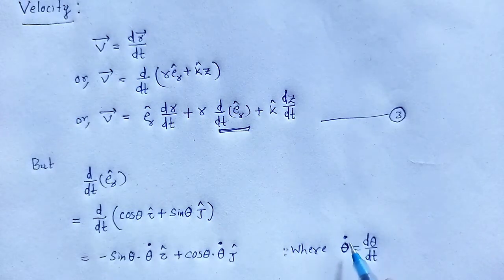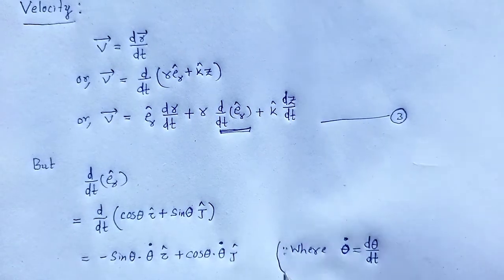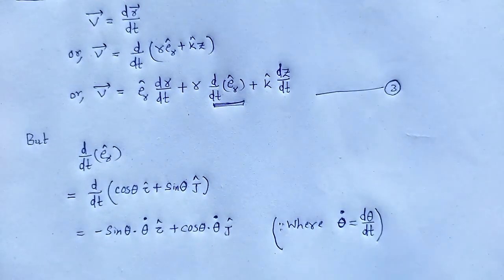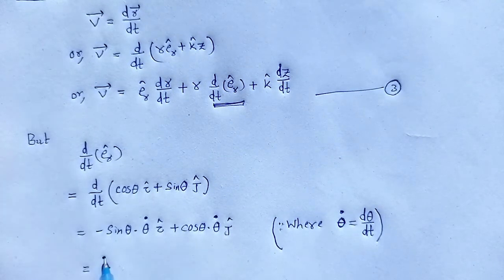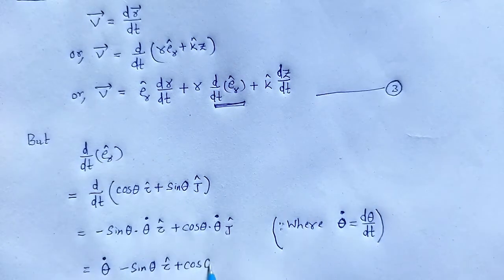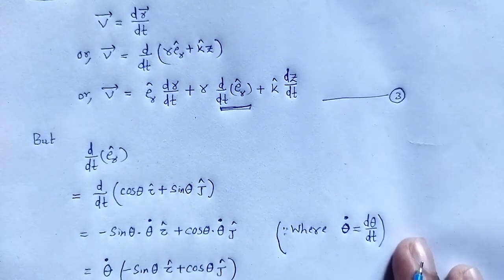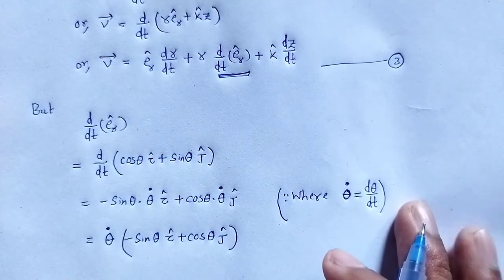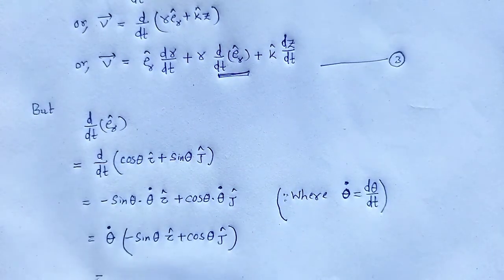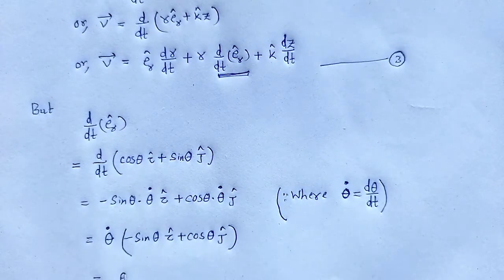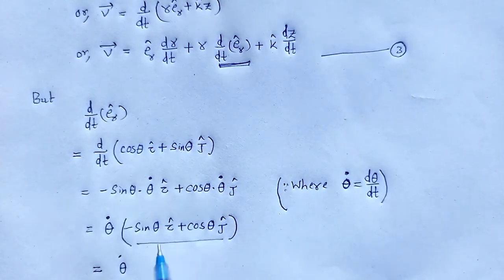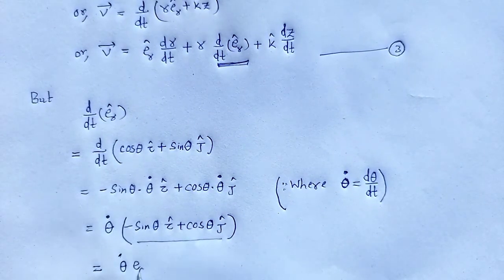Since it is a single dot, that means first order differentiation of theta with respect to t, this is equal to theta dot taken as common, theta dot times minus sin theta i cap plus cos theta j cap, which is theta dot, and in place of this term I can write e theta cap.